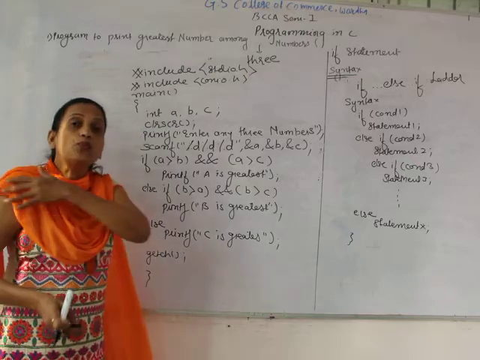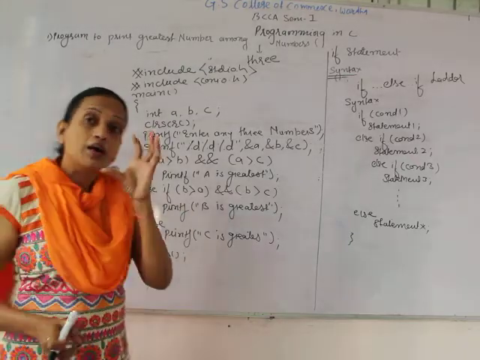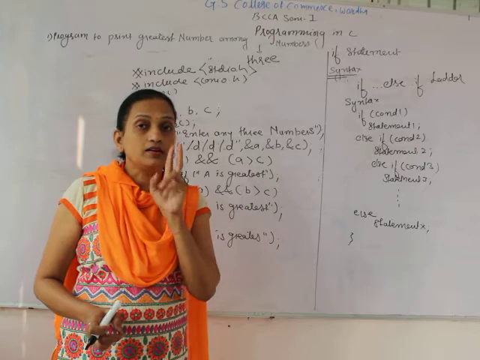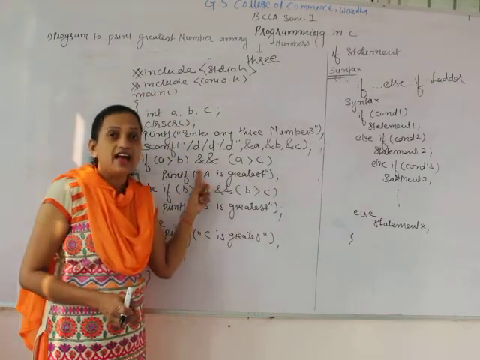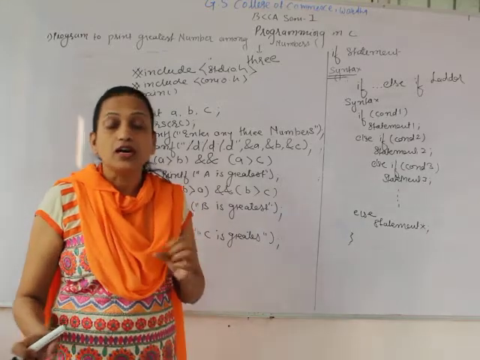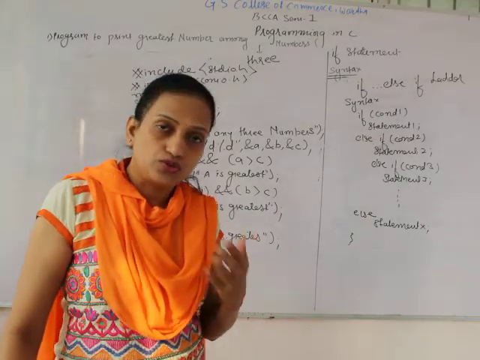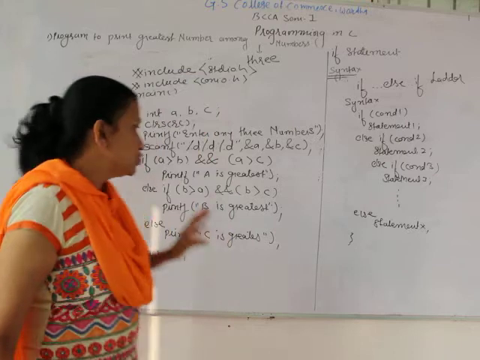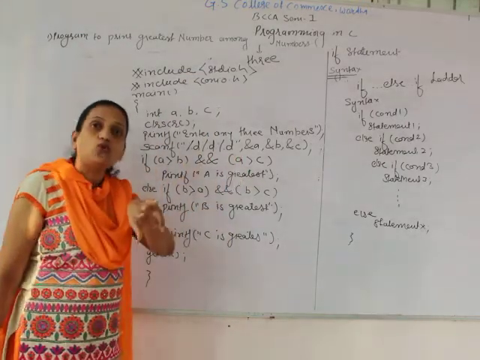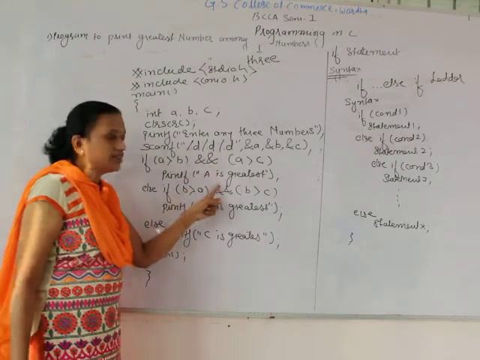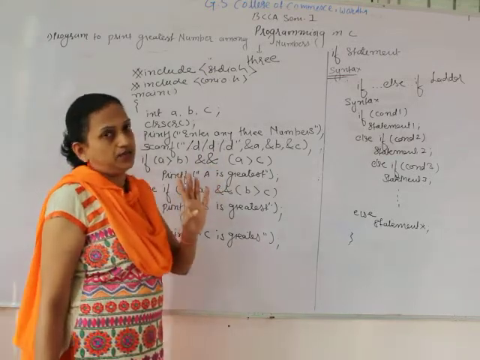Now see what I am doing here. I am combining two conditions by using the logical operator AND. AND is used to combine two or more conditions. If these two conditions are true only, then the statement associated with this if gets executed.